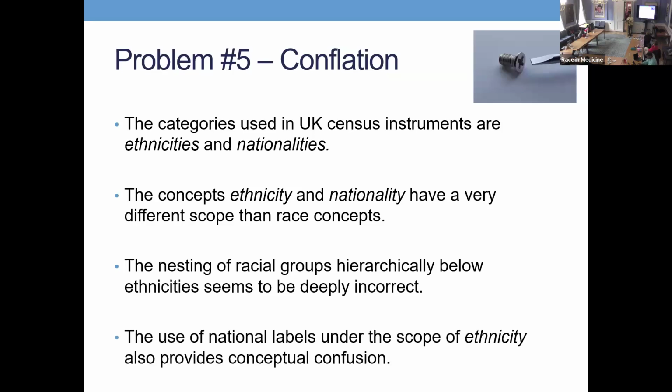Additionally, the use of national labels under the scope of ethnicity also seems to provide conceptual confusion. It's not clear that you can say that nations are below ethnic groups. Sometimes you have, in the history of the world, had conflation between nation and ethnicity, like the Venn diagram completely overlaps. Sometimes they're below, sometimes they're above. So, it's a mouthful. And it seems like there's a major problem with the UK as a case.